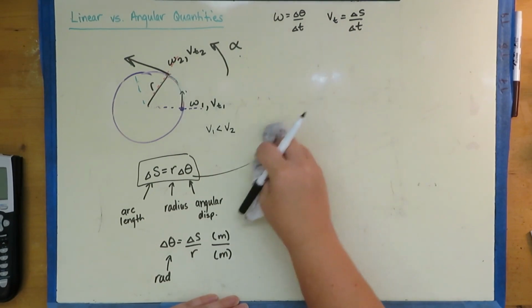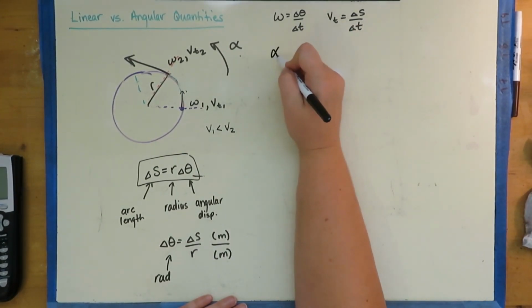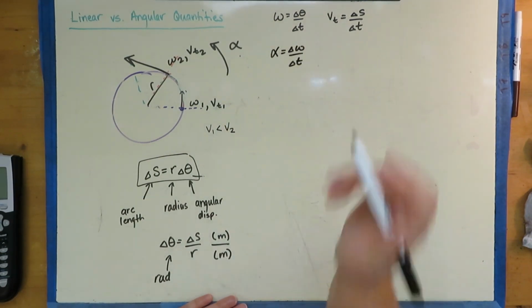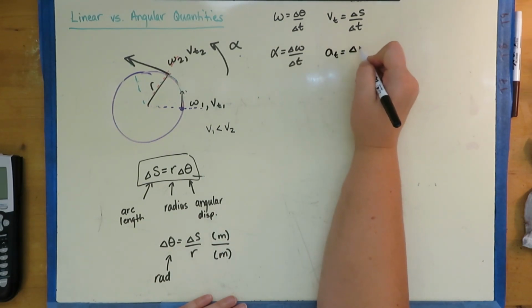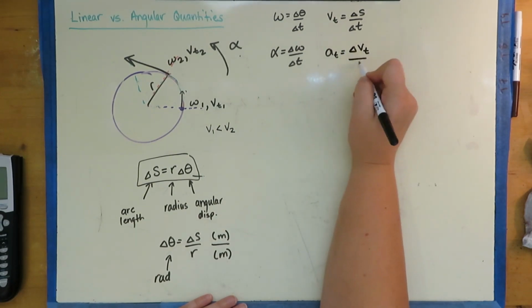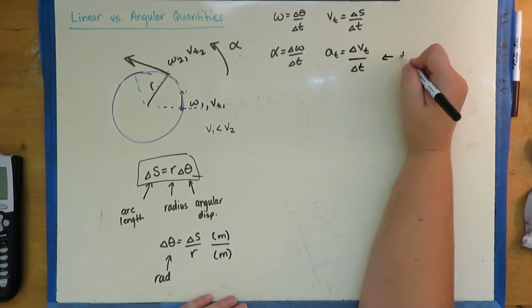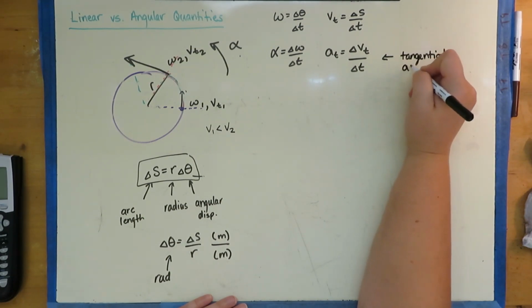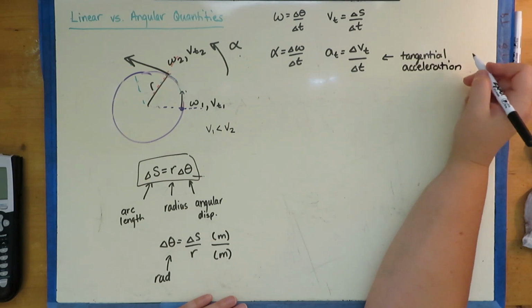So I know that in rotational terms, my angular acceleration is change in omega over change in time. In linear terms, my tangential acceleration would be my change in tangential velocity over the change in time. So this is one definition of tangential acceleration. It is the change in my tangential speed.